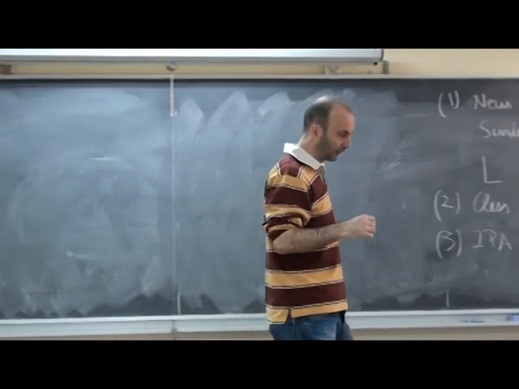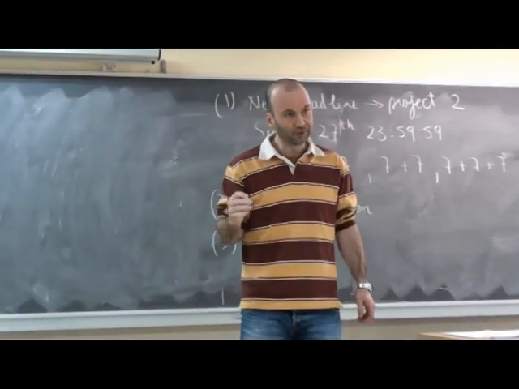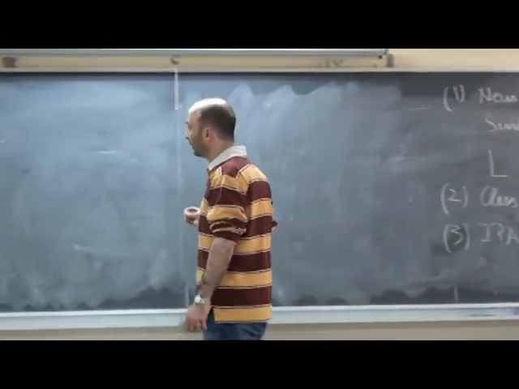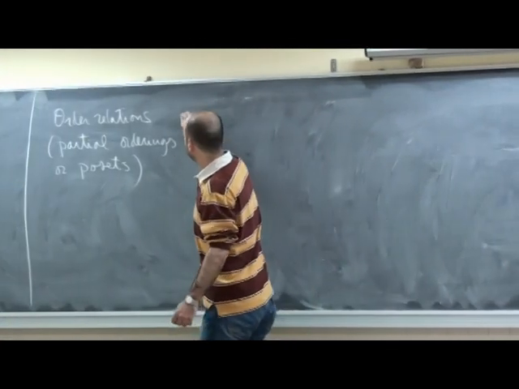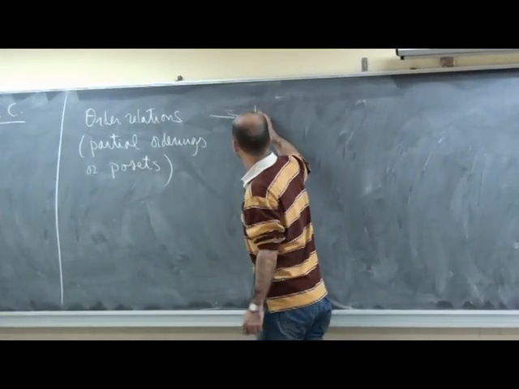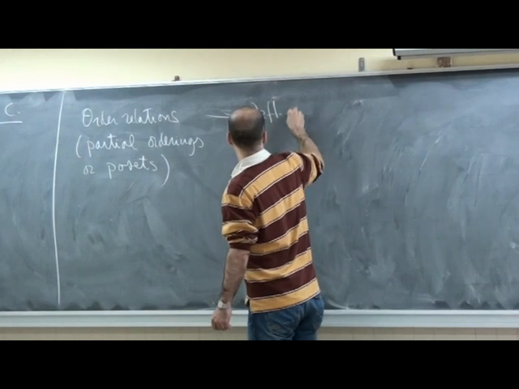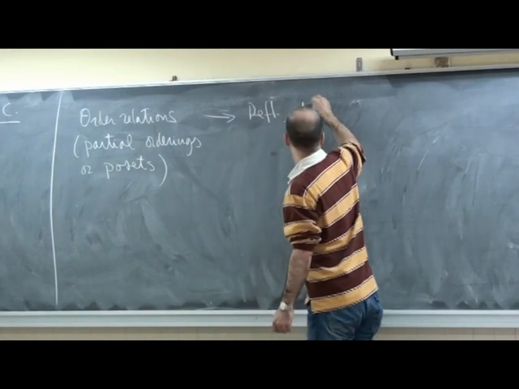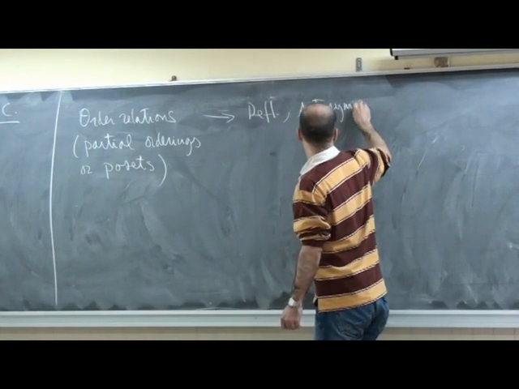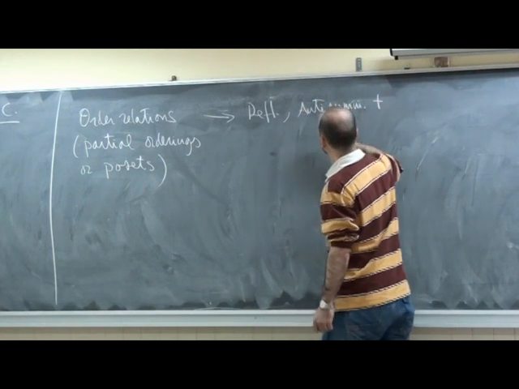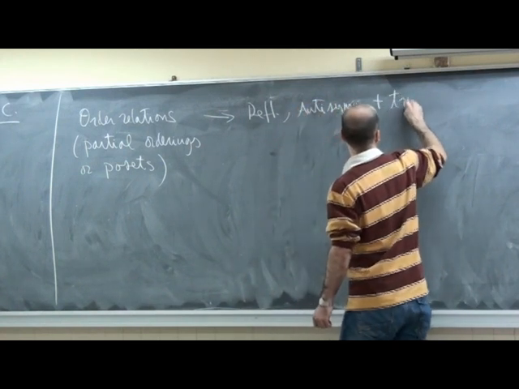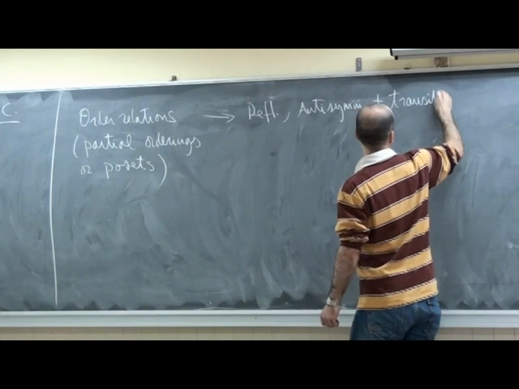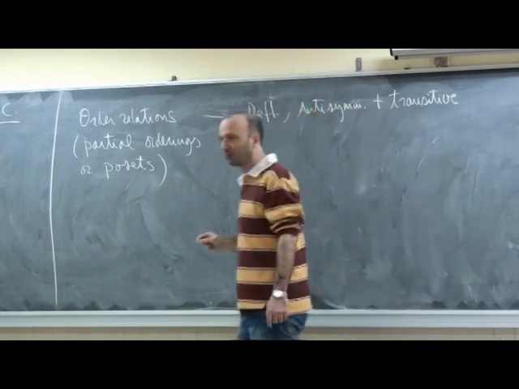So this is the last piece of theory. I recall what an order relation is: reflexive, antisymmetric, and transitive.